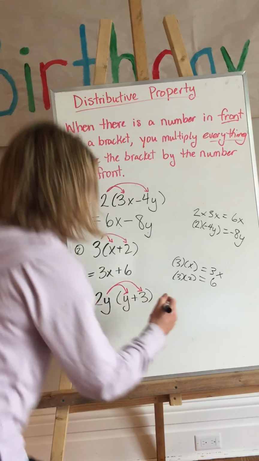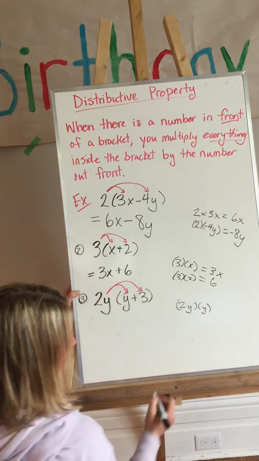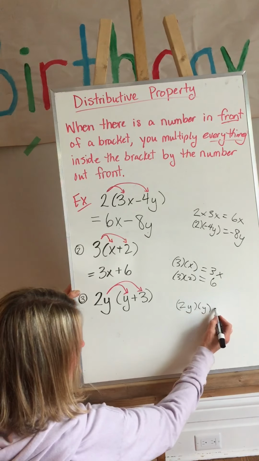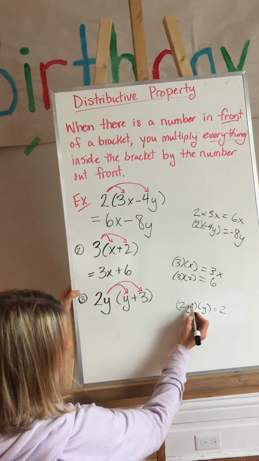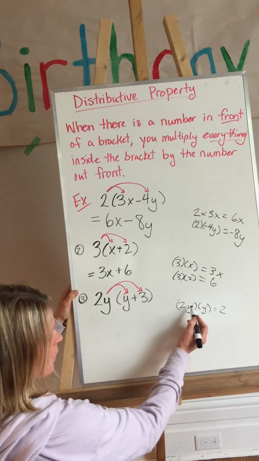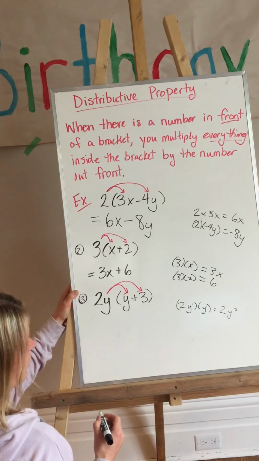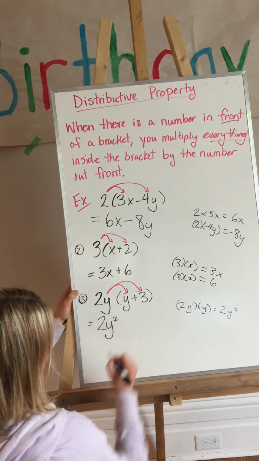So my first arrow is 2y times y. Well, 2 times, there's an imaginary 1 in front, is just 2. Y times y, this has a 1 and this has a 1. And recall from the last lesson, we add the exponents. So that becomes 2y squared. So my first term in my answer is 2y squared.